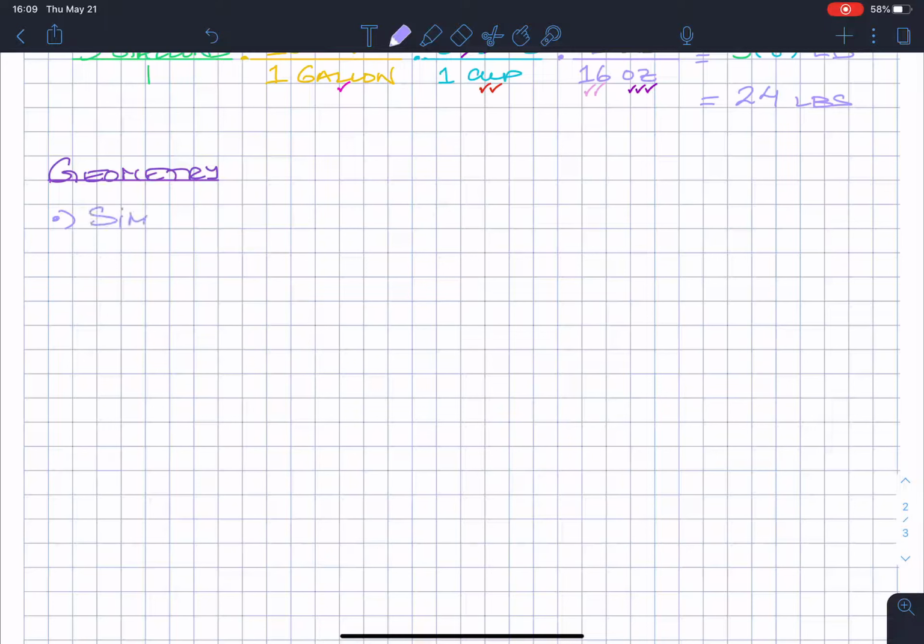Similar triangles have corresponding sides in the same ratio.